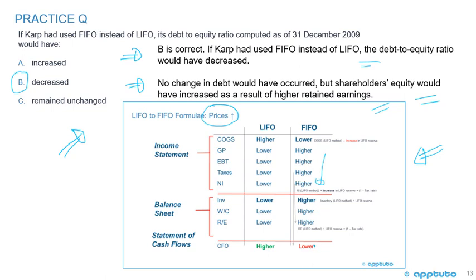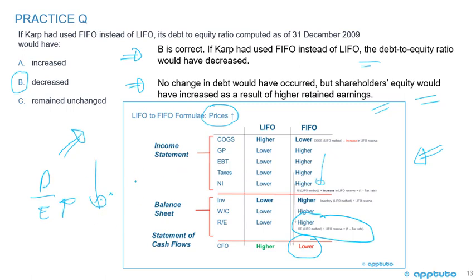We had the higher taxes, so we had the lower cash flow, so that was important to understand. But because we've got the higher net income, we've got the higher retained earnings, so our equity is going to be higher. So for debt to equity, our equity is higher, which means the ratio is going to come down.